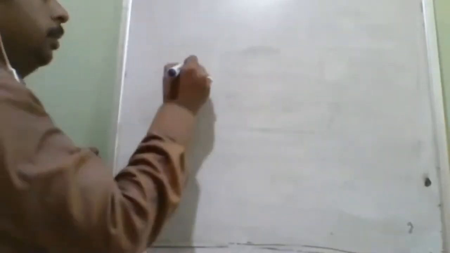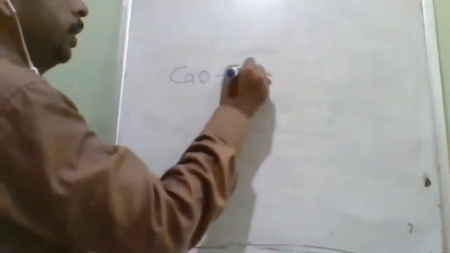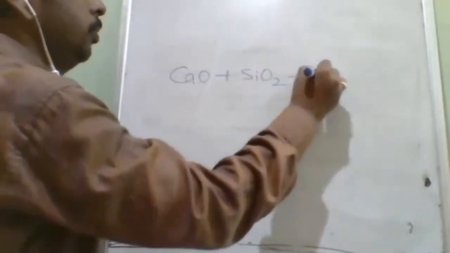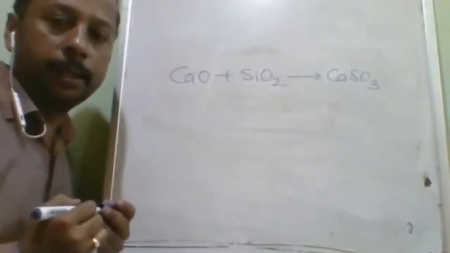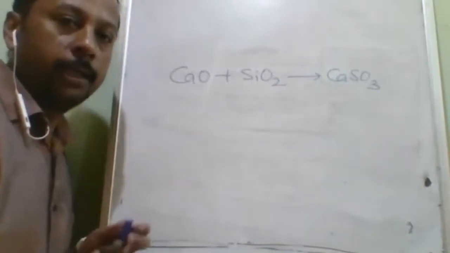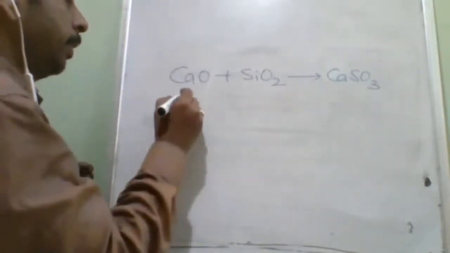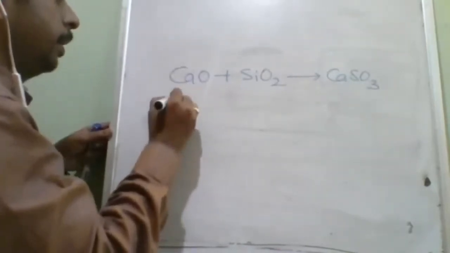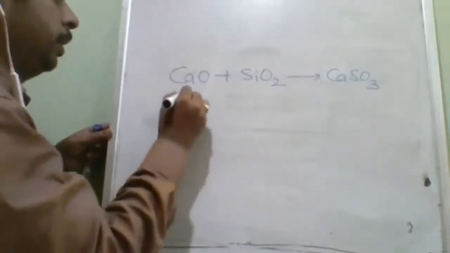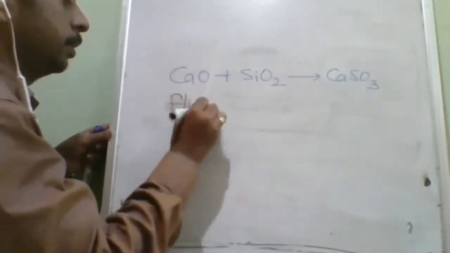CaO plus SiO2 will give you the CaSiO3. This is the complete chemical reaction. Mathematically, if I wanted to write, the substance which is added to remove the impurity is called as flux.